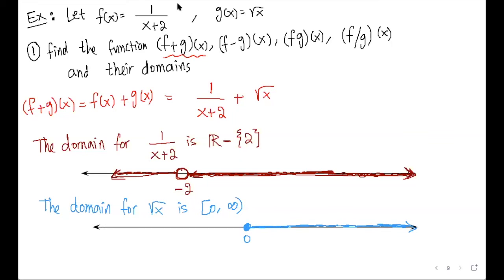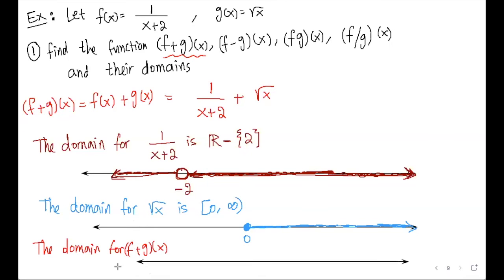Now, to find the domain for the sum function, the domain for f plus g of x, we draw a real line. Here's the real line. And you find the intersection between both real lines above.